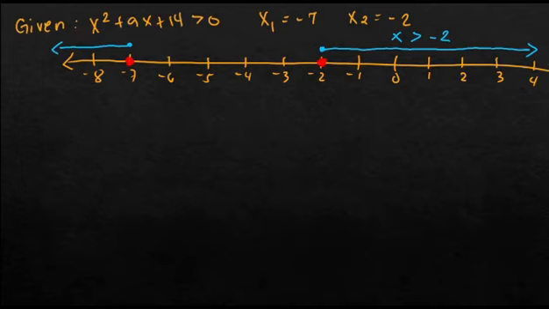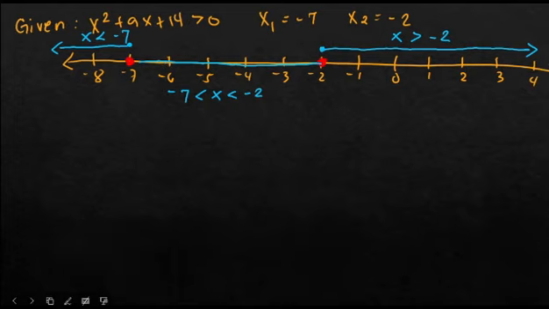So, interval naman natin dyan is x less than negative 7. Tapos, itong gitna, so that is x less than negative 2. Dito yan. But greater than negative 7. So, dito yan.